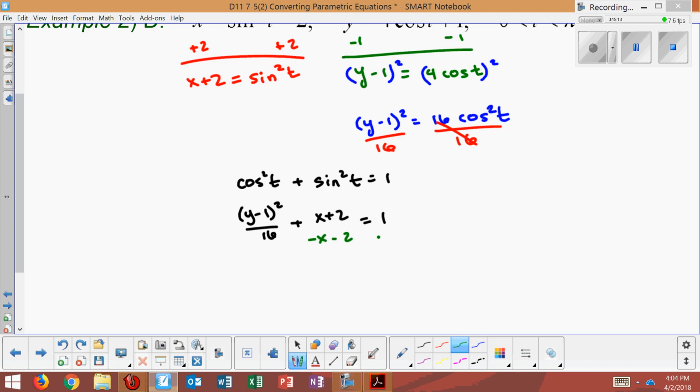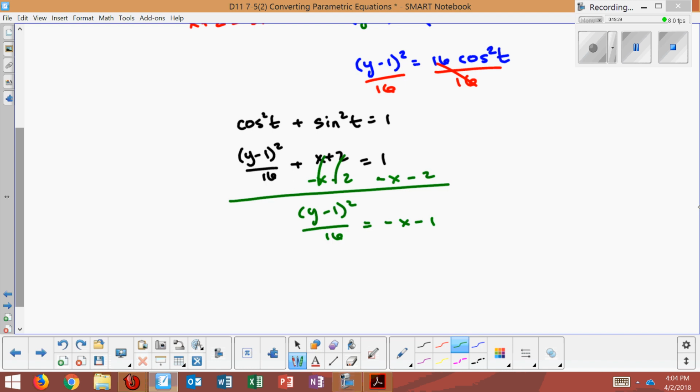Now to get it into vertex form, or excuse me, standard form, I would subtract x and subtract 2. Those go away. And so we have y minus 1 quantity squared over 16 equals negative x. I have 1 minus 2, which is negative 1. Finally, I multiply both sides by 16.